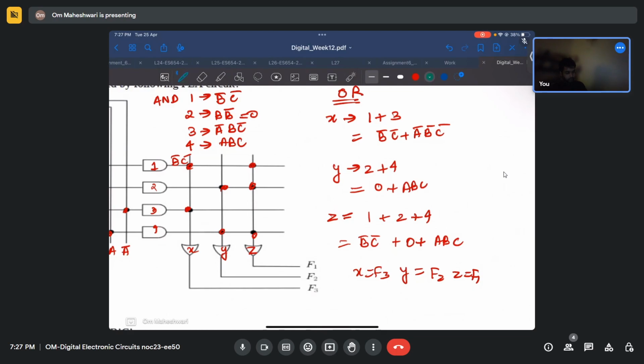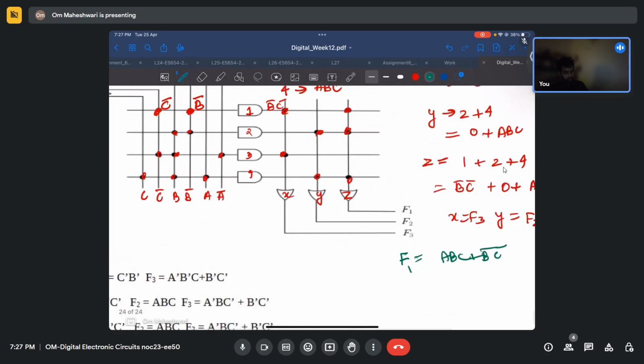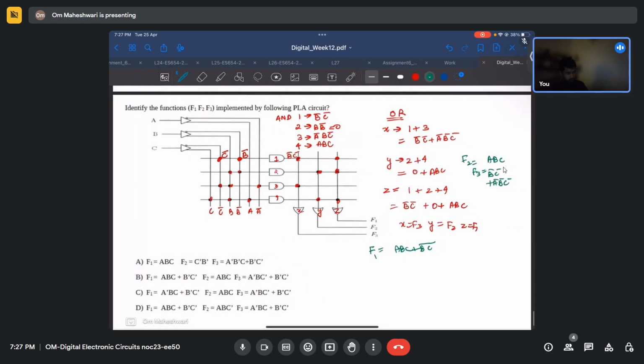So we have F1 is ABC plus B bar C bar. F2 is ABC. F3 is B bar C bar plus A bar B bar C bar. So F1 is ABC plus ABC bar.